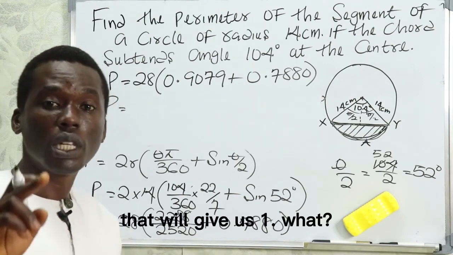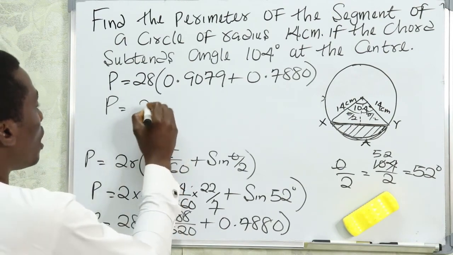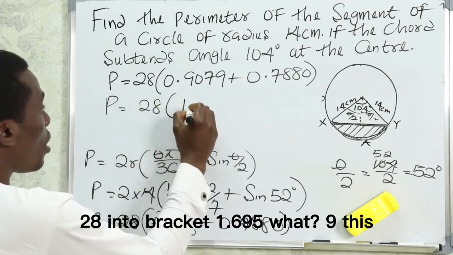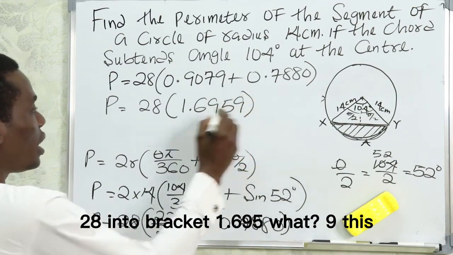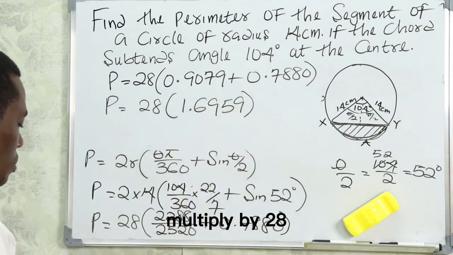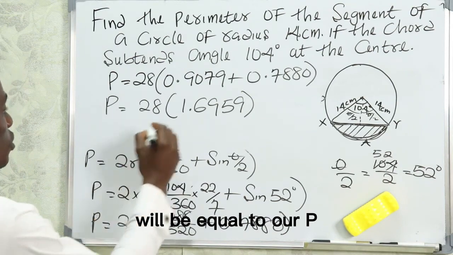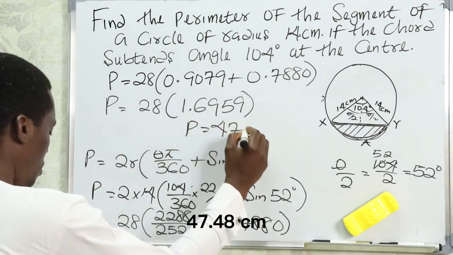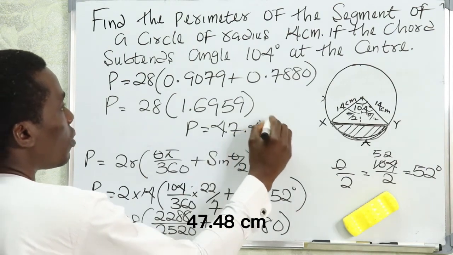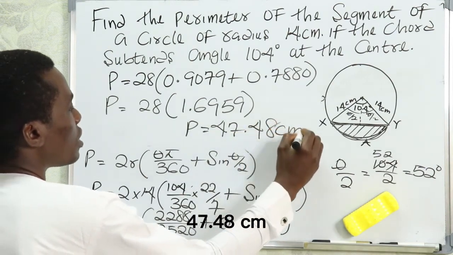And that will give us 1.6959, so 28 into bracket 1.6959. This multiplied by 28 will be equal to, so our P will be equal to 47.48 centimeters.